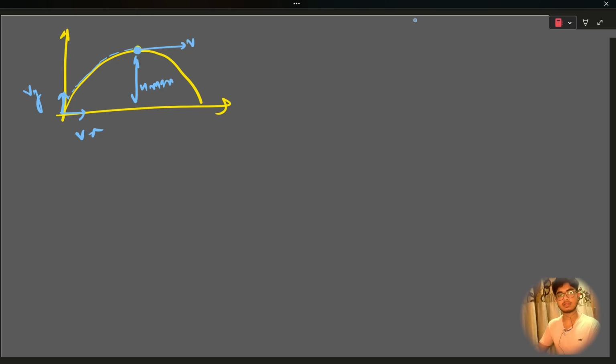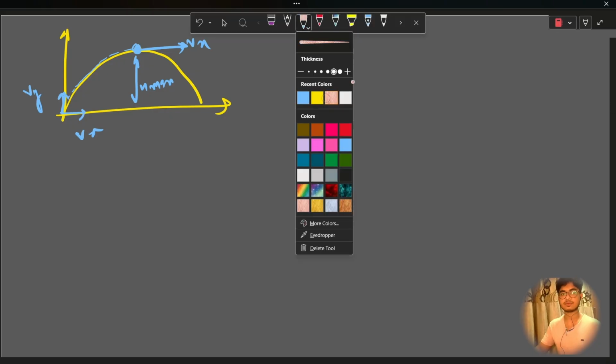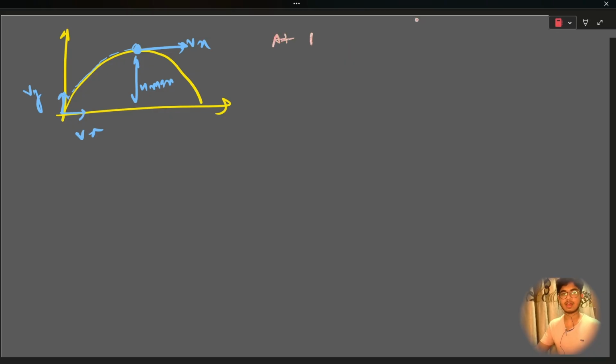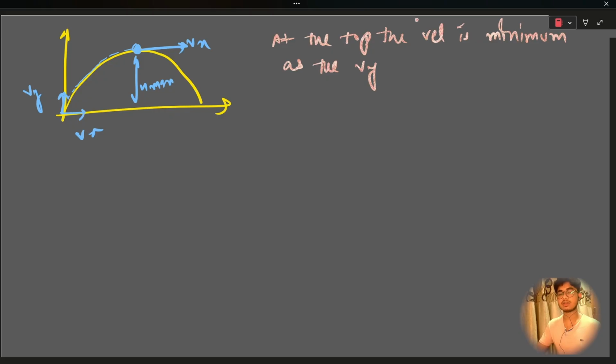And the horizontal velocity is obviously the same everywhere throughout the motion. So at the top the horizontal velocity is Vx and the vertical velocity is 0. This is another inference: the velocity is minimum at the top, as the vertical velocity Vy becomes 0 there.